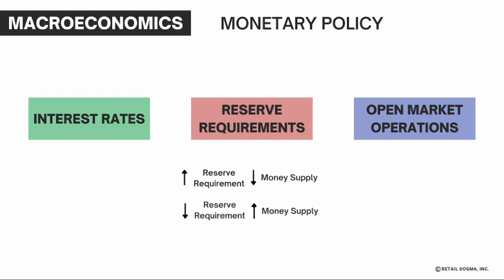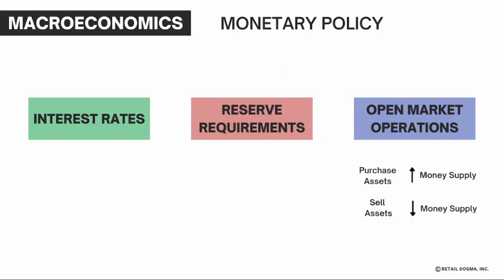Reserve requirement is the portion of deposits that must remain at the bank and cannot be lent out. Central banks can increase reserve requirement and thereby allow for less money to be lent and hence reduce money supply, or they can decrease the reserve requirement and thereby increase money supply. This is the second tool it uses to control money supply in the economy.